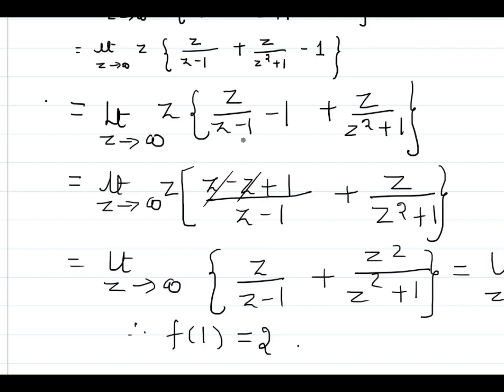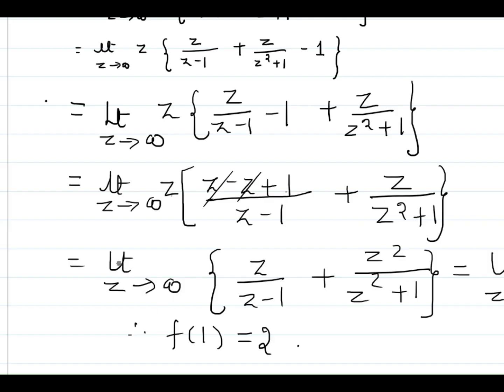If you are taking the LCM and solving this, we will get the function z upon z minus 1 and z square upon z square plus 1. Now solve it for the limit z tends to infinity.